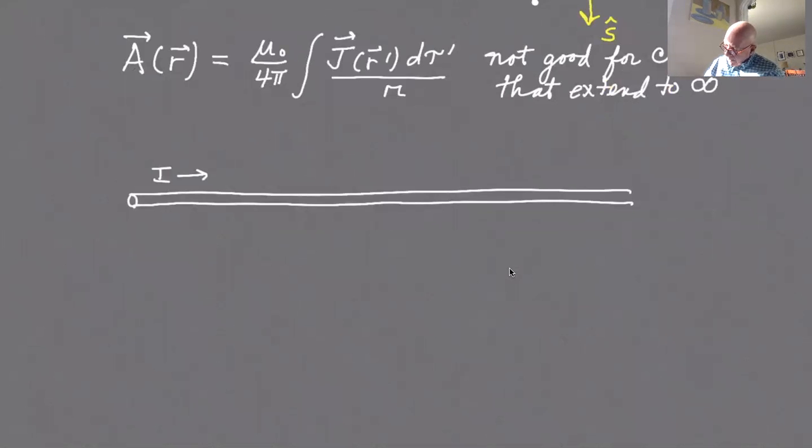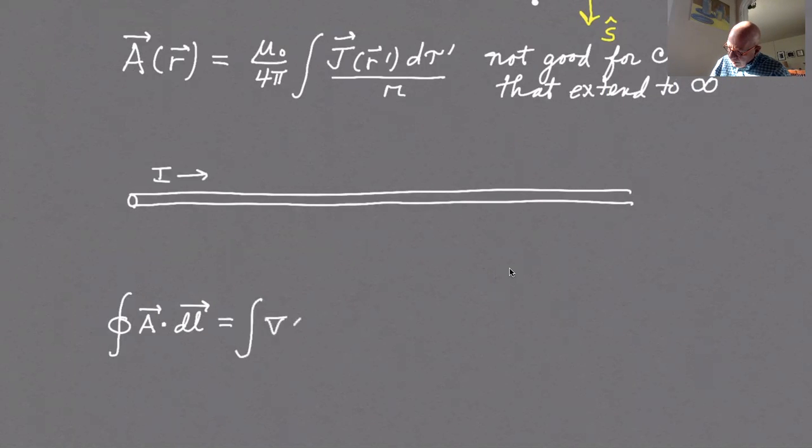What we want to do is look at, once again, the vector potential around some closed loop. We know by Stokes that this can be written as the curl of the vector potential. We know that this is B.